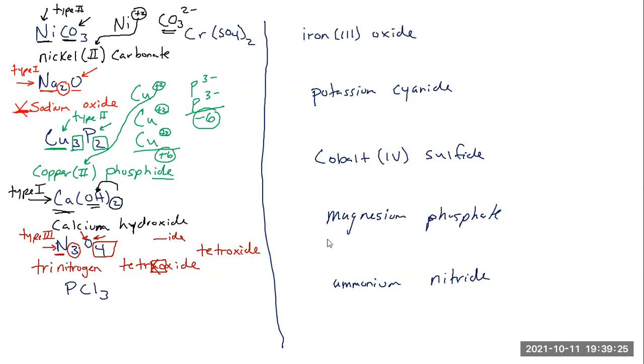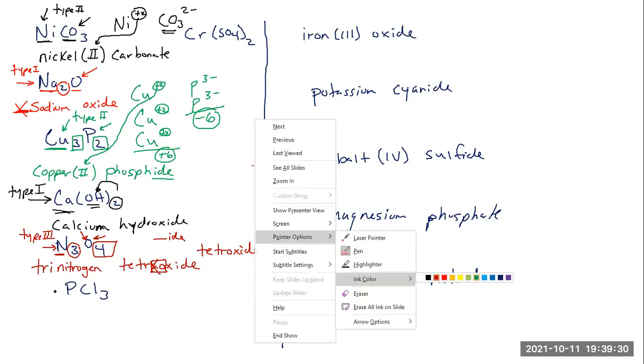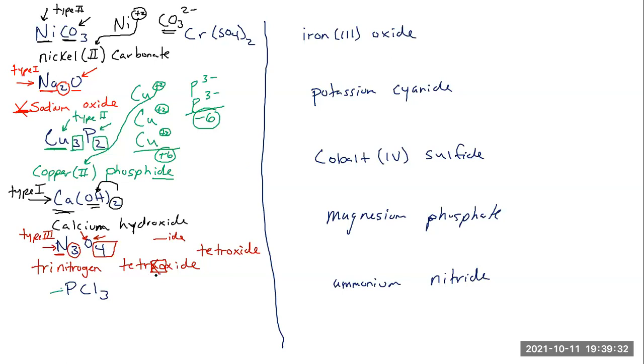And lastly here, looking at this guy, I see phosphorus, which is a nonmetal. I see chlorine, which is a nonmetal. Again, that automatically tells me, just like the above one, we're into type 3 place. That is prefixes.